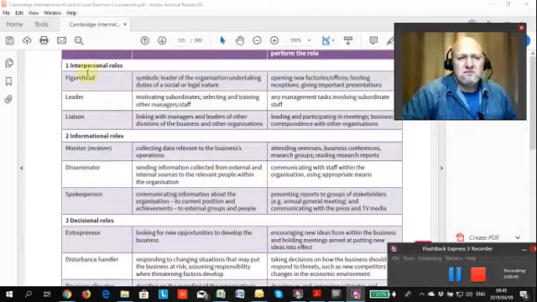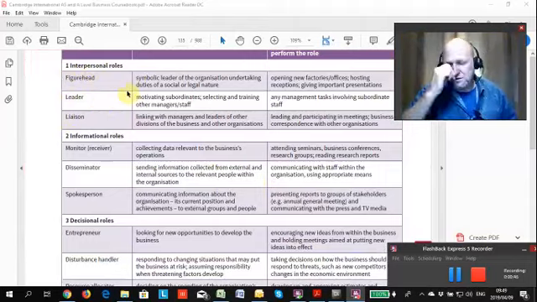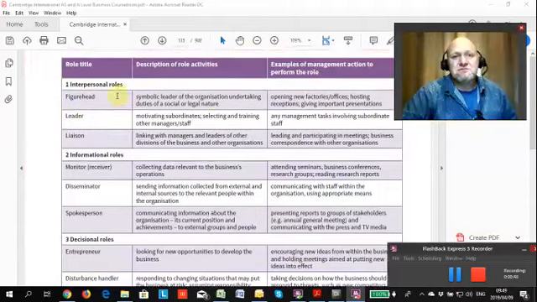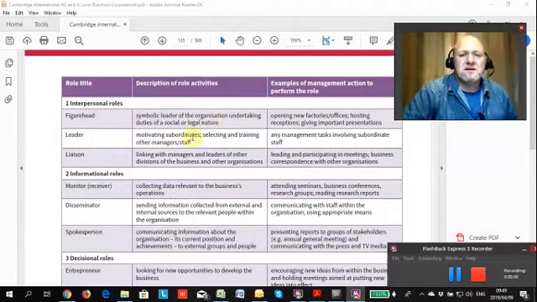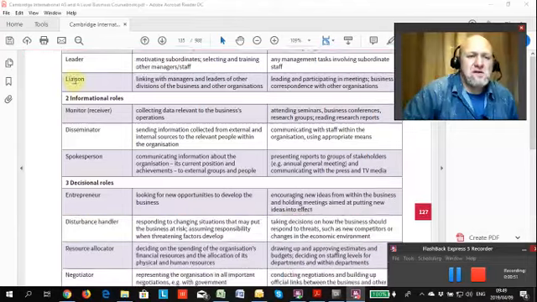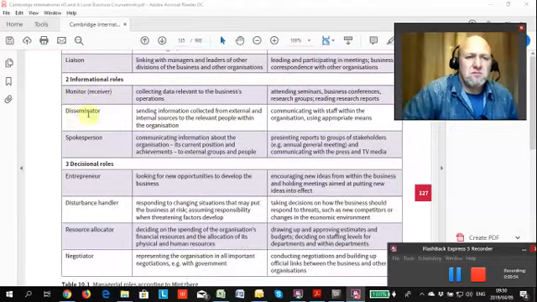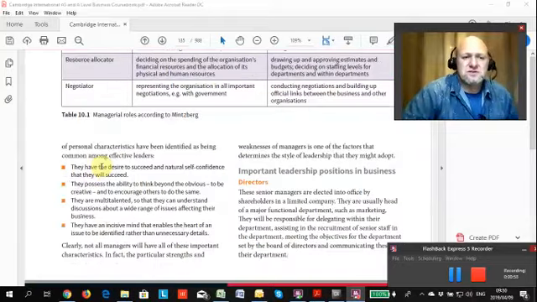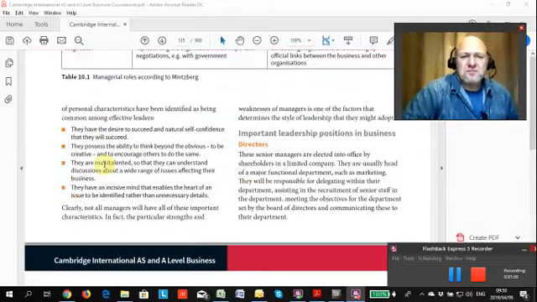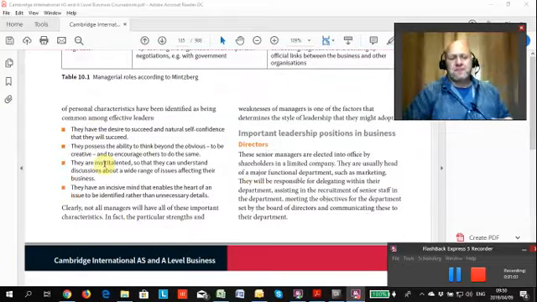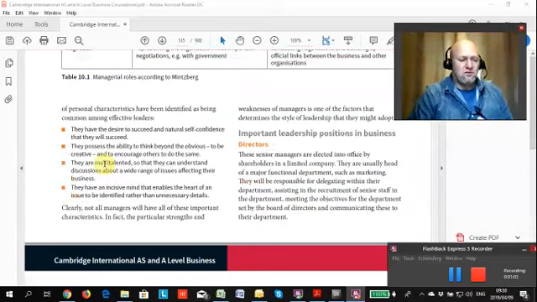Under interpersonal roles, the manager plays the role of figurehead, leader, and liaison for the employee, and it gives a description of the roles and an example. We then go into informational roles: monitor, disseminator, and spokesperson, and we've given examples in class as well, then decisional roles, etc. So what's important to note is that there's a difference between the role and the function of a manager.